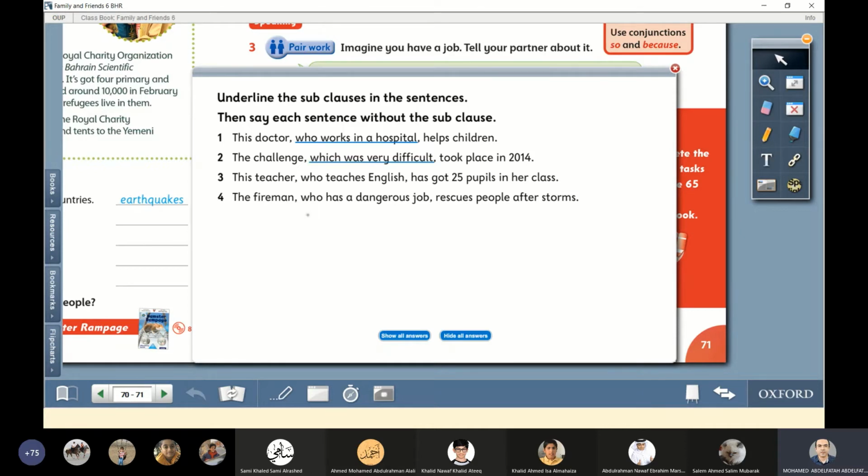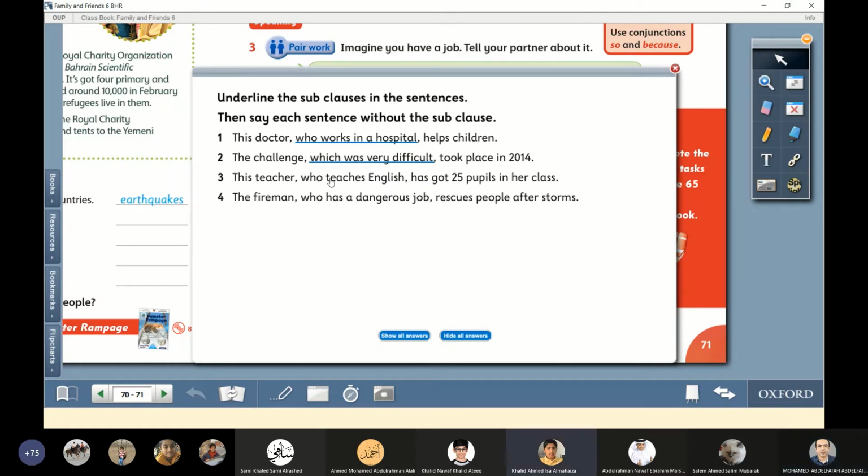Okay, so number 3, all students get ready. Here I am trying to find out which part in the sentence is a subordinate clause. This teacher who teaches English has got 25 pupils in her class. Which part here in this sentence is the subordinate clause?